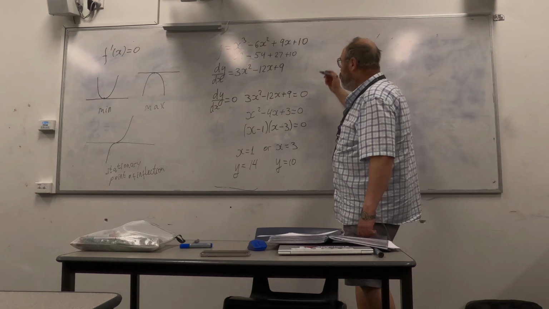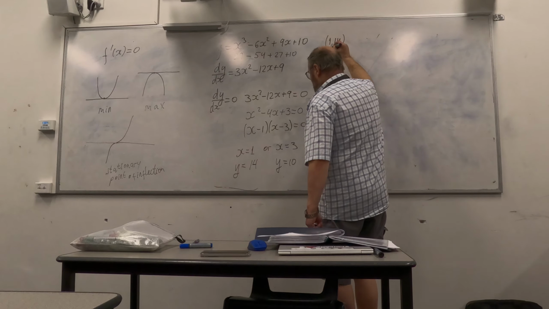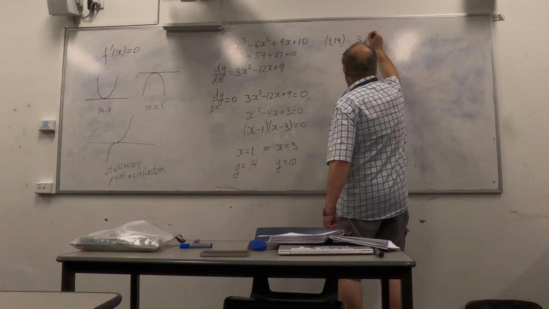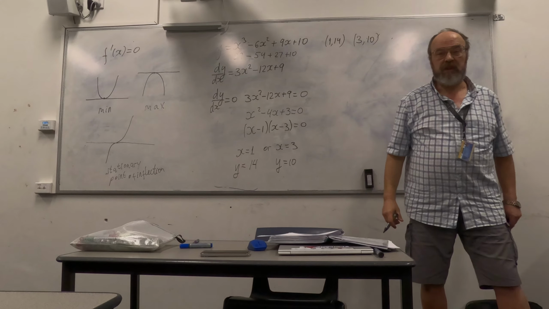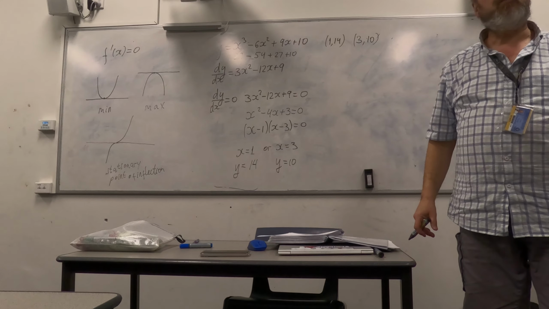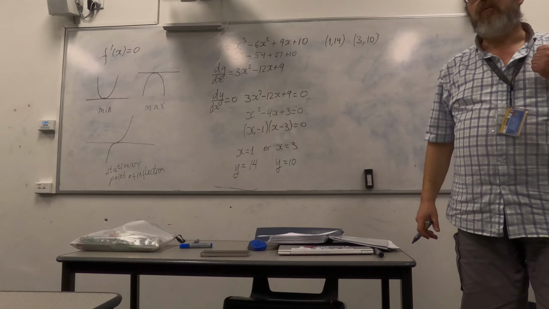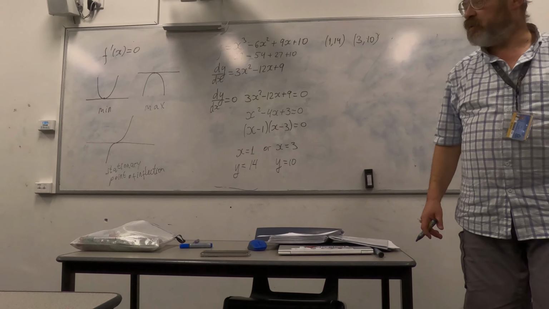So our stationary points are (1, 14) and (3, 10). Does it all make sense? Yes. Now we need to identify which type each stationary point is.